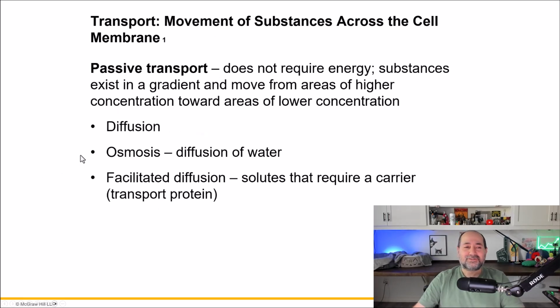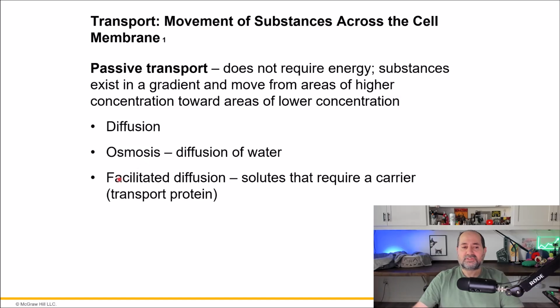You should know about transport. Remember, there's passive transport and active transport. Do you remember that diffusion, osmosis, facilitated diffusion, these are all passive processes. These are all passive transport. And do you remember that osmosis is the diffusion of water across a membrane?